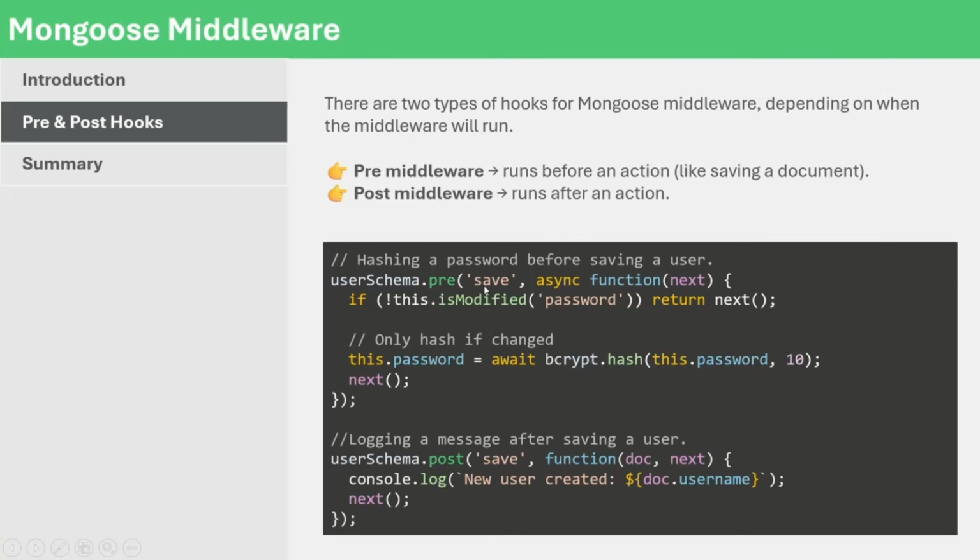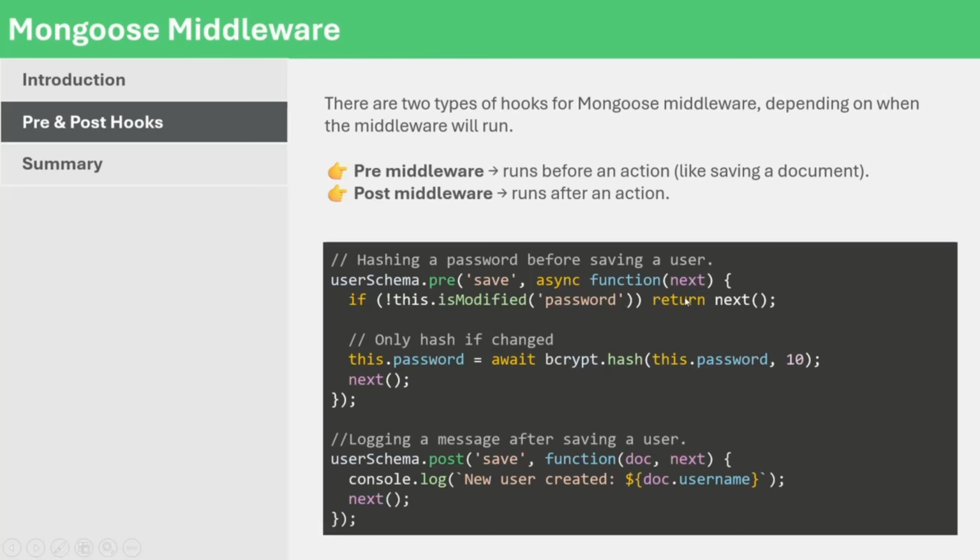Here, I'm specifying the save operation. So basically, since I'm calling this pre method on this user schema, I'm telling that before a user document is saved in the user collection, I want to execute this function. And what am I doing inside that function?